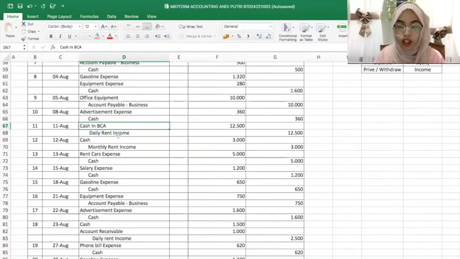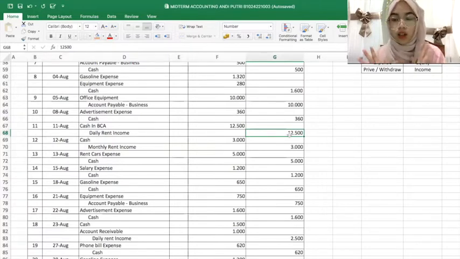The cash in BCA is increasing for 12,500 rupiah, and it's on the debit side because the cash is increasing, and the daily rent income is also increasing, and we put it into the credit side of the table because income is on the credit side.